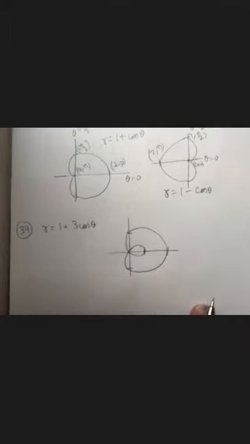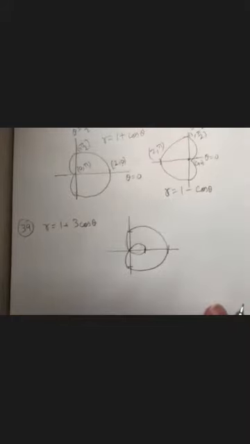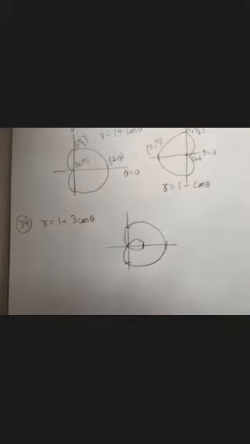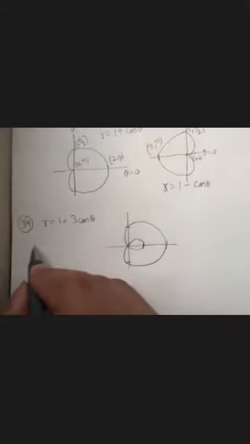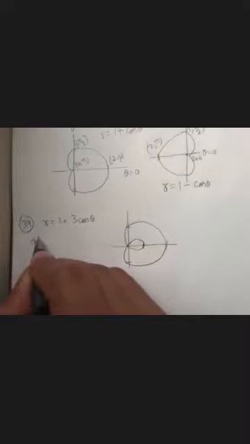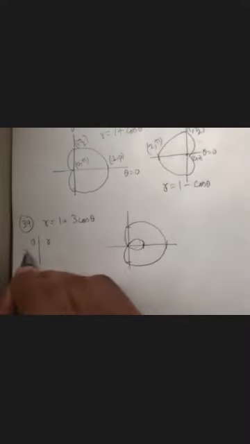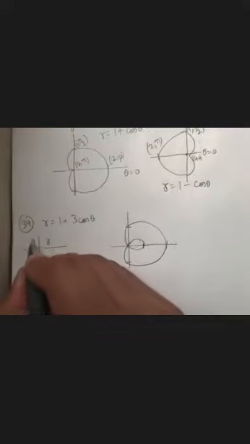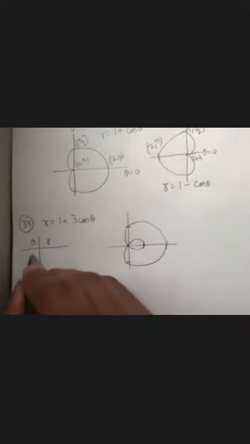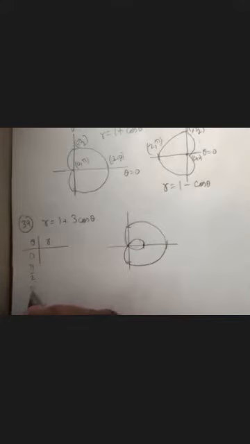To label it, let's draw the table that we do, theta and r. Let's make theta 0, pi over 2, pi.